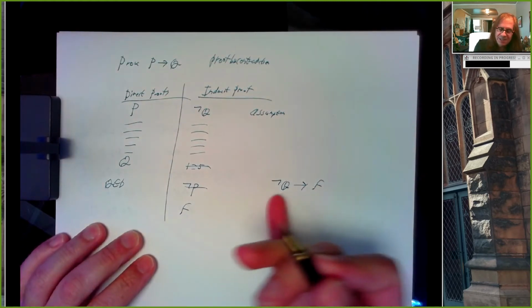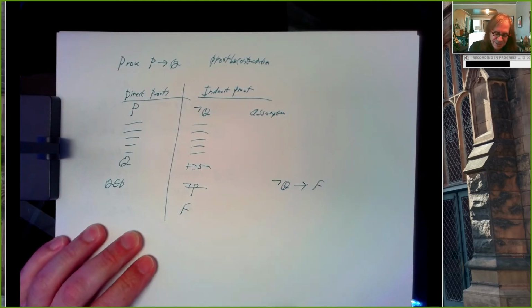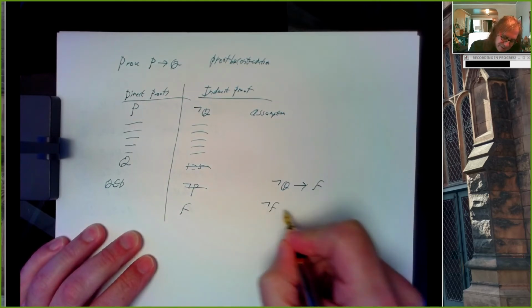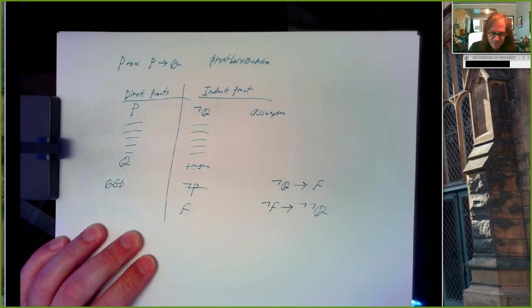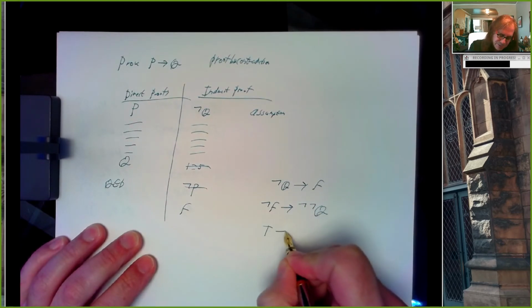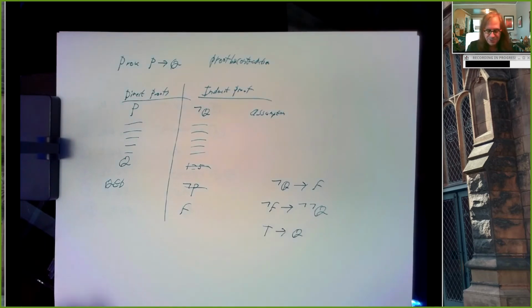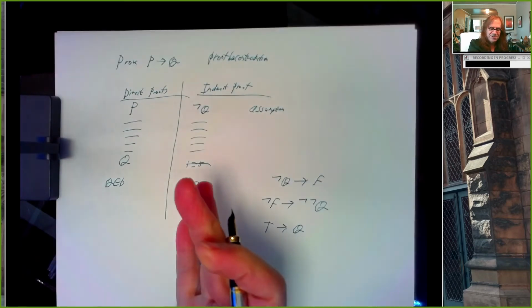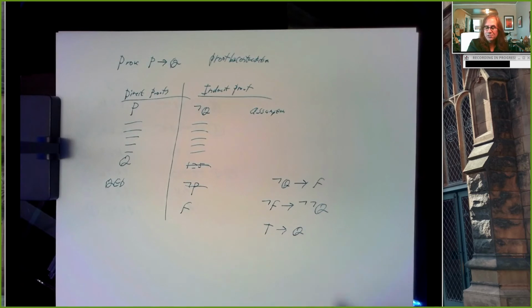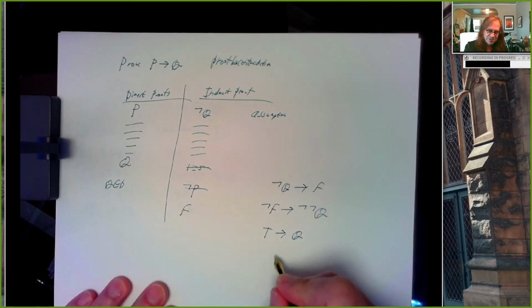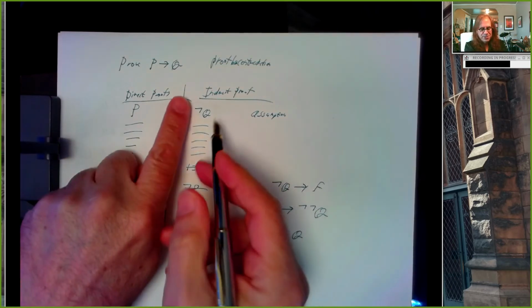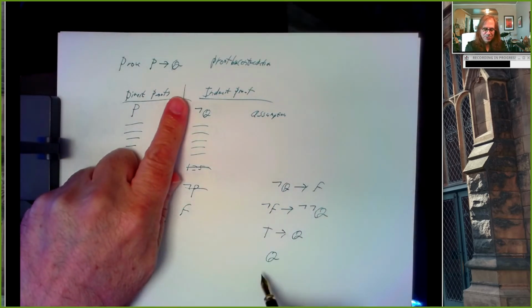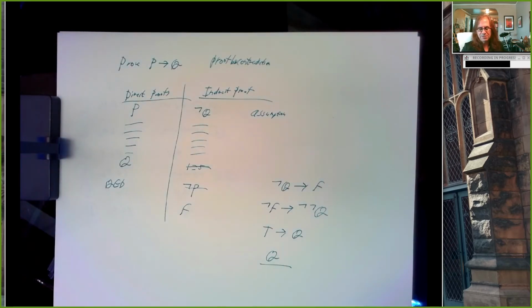Well, if we take the contrapositive of this, this says not false implies not Q. Well, not false is true, and not Q is Q. And so this proof is actually proving that if true is true, then Q is true. And we know that true is always true, so this is equivalent to Q. So this is really just a proof of Q.